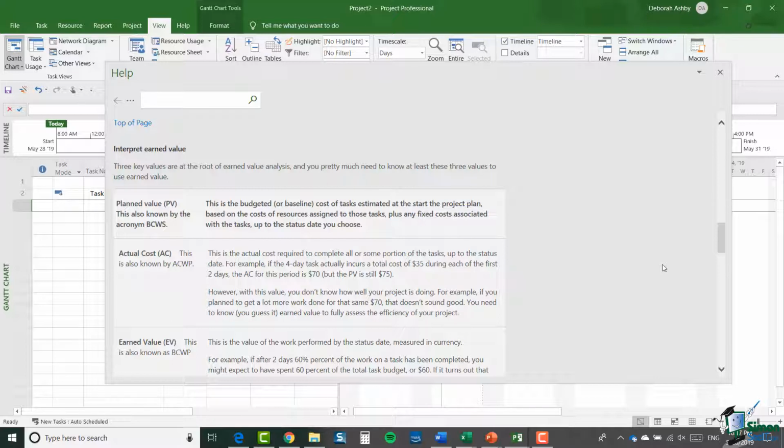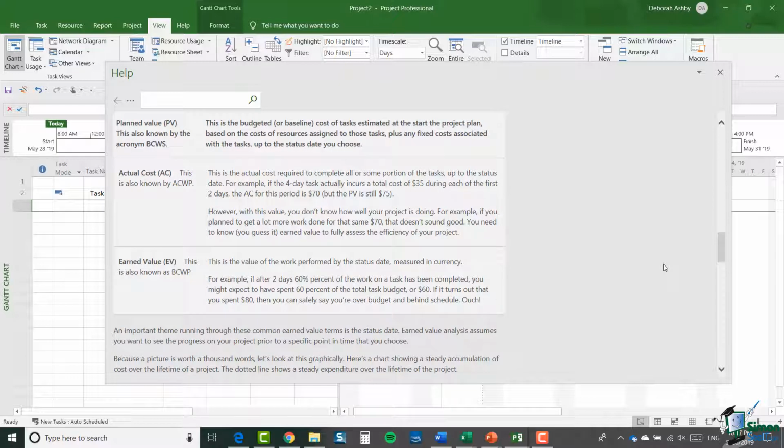The alternative term for this is ACWP, so that is actual cost of the work performed. So given where we've got to, what has our cost actually been? And the third term is EV, earned value, and the alternative here is BCWP. This is the budgeted cost of the work performed.